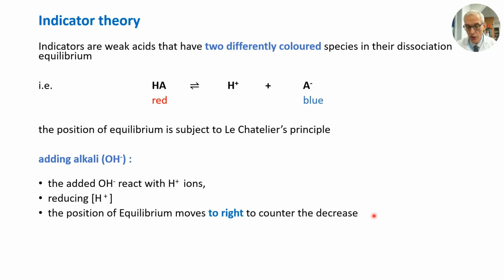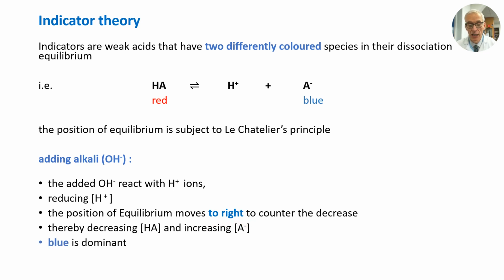Therefore, the position of equilibrium via Le Chatelier will move to the right to counter that decrease. So the concentration of acid HA will decrease and the concentration of A- will increase. Therefore, blue will be the dominant color when alkali is added.